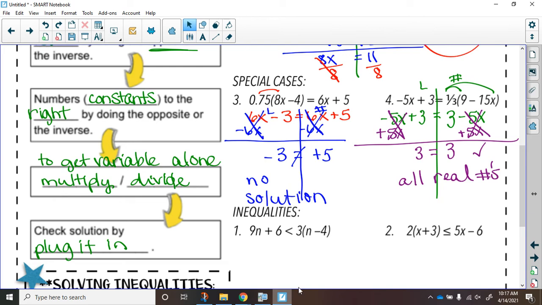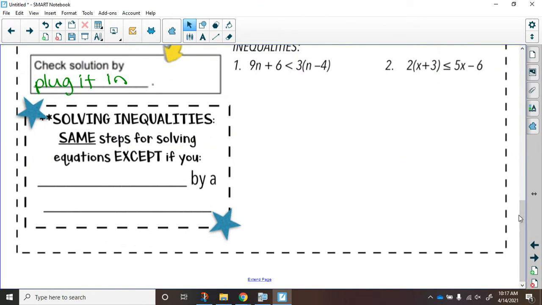So let's take a look at solving inequalities, and then we'll be done with this video. So there's one thing that we need to remember when solving inequalities. We're going to be using the same steps for solving equations, except if we divide by a negative, the sign flips.